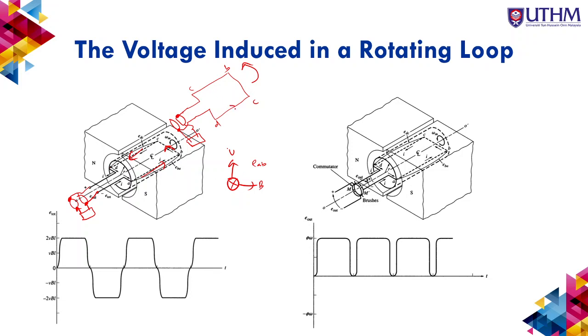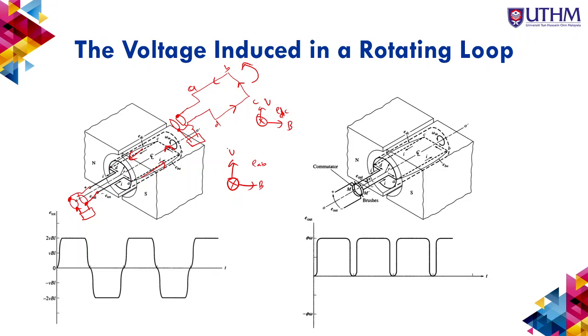Now the current will also flow like this, DC BA over here. After the rotation, the DC will replace the EAB.